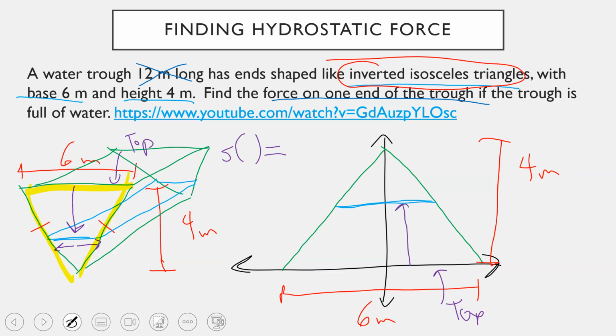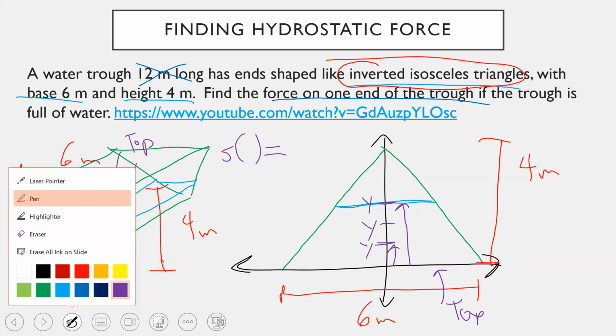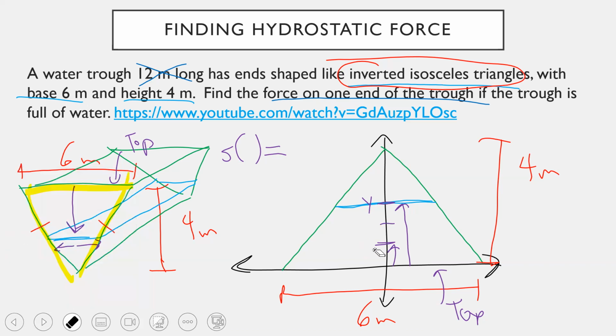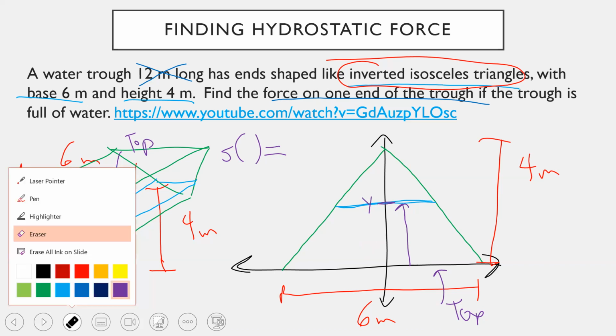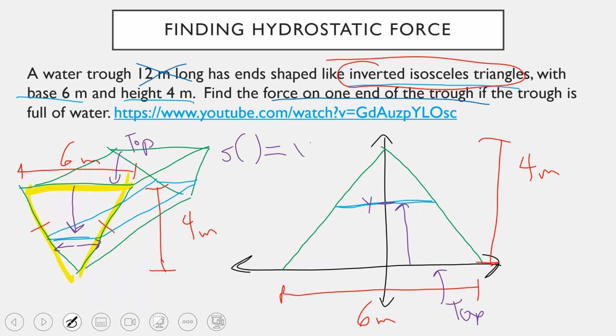Having drawn the picture the way I have, that depth is basically going to be whatever the y value is right there. If the depth was up to here, the depth would be that y value. If it was here, it would be that y value. So drawing it like this makes our depth function fairly easy to figure out. It's just whatever the y value is for that layer, which makes it a function of y.